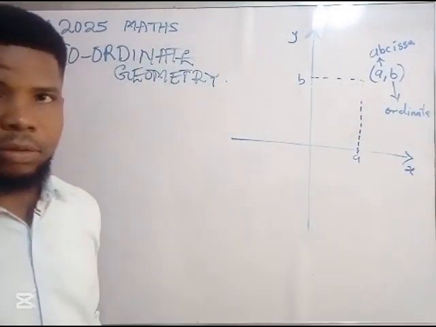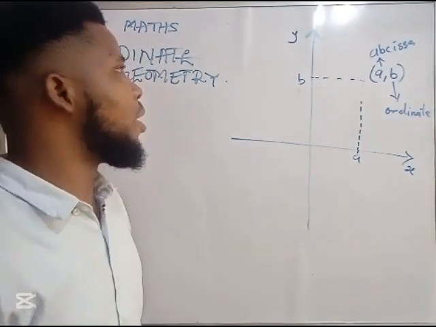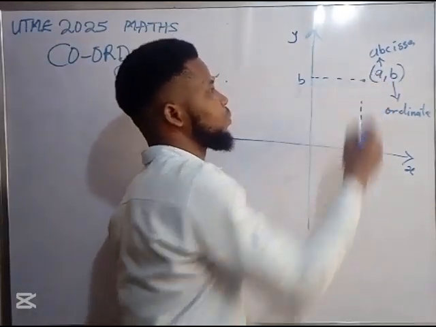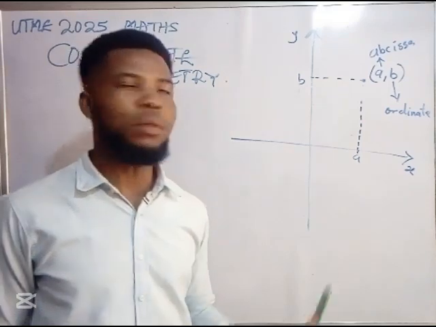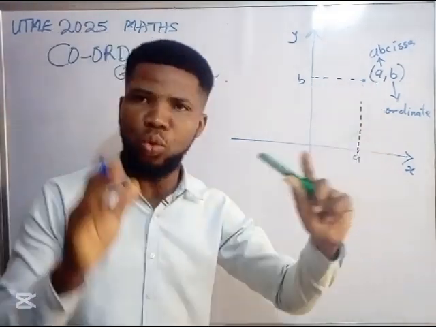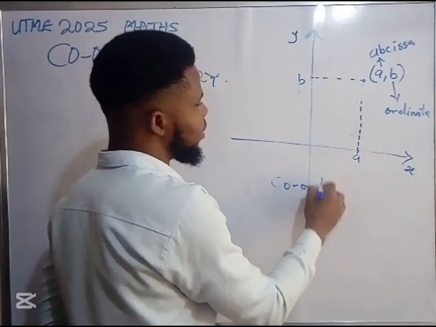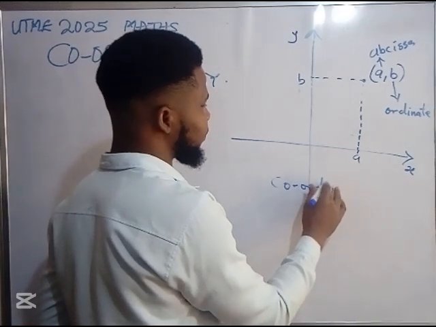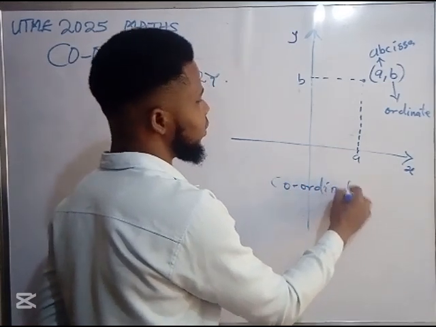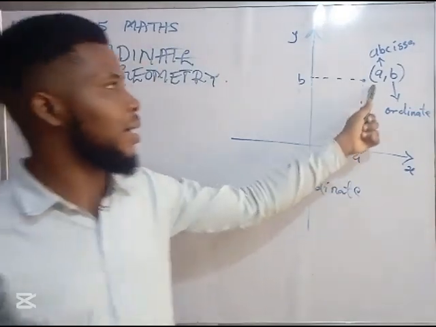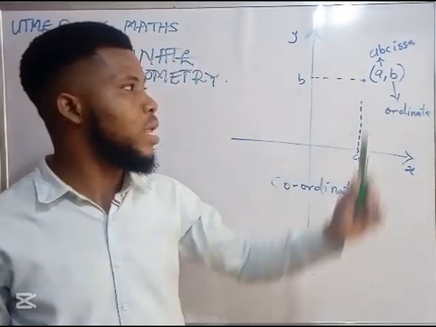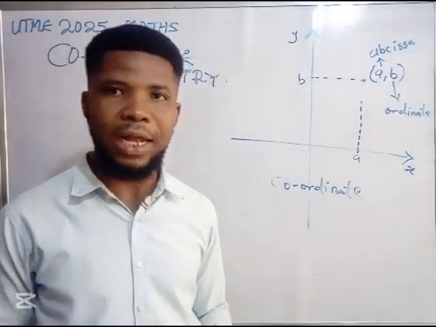You understand now? So now, if we have this point, you can see this point will be represented by two coordinates. The abscissa, comma, then the ordinate. I think you understand that by now.